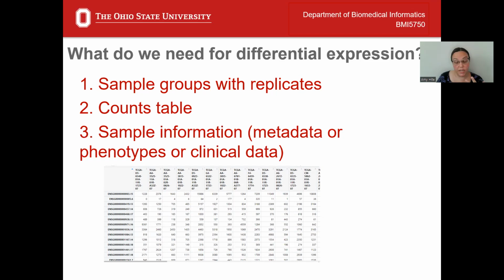Now, if you're downloading data from something like GEO, several years ago, GEO wanted us to upload normalized expression tables. And if you want to do your own differential expression analysis, that makes it very hard. But I've noticed recently more and more researchers, when they upload to GEO, they upload the counts table.